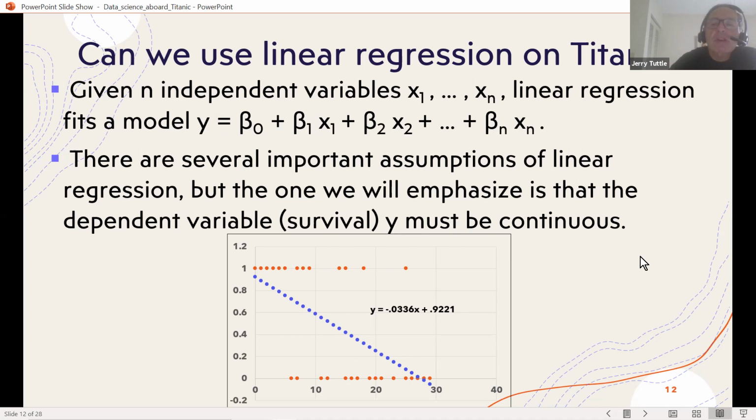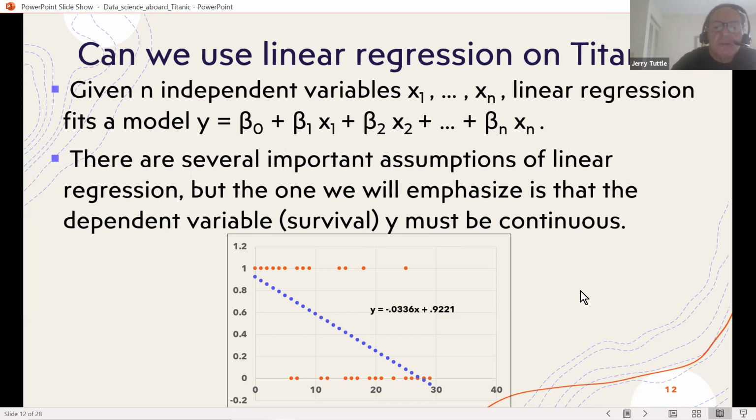There are a number of important assumptions of linear regression. In statistics class to liberal arts students, maybe you ignore those assumptions. Certainly in a more mathematical class, those assumptions are more important. But the one that's important in this context is the dependent variable, which for us is survival, has to be continuous. Our dependent variable has two values, 0 and 1.